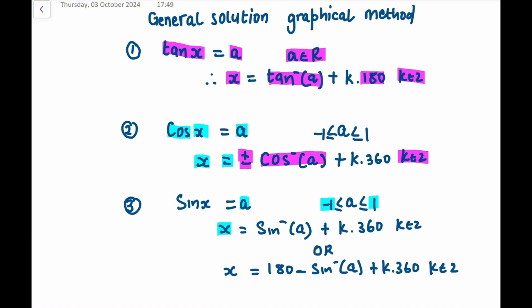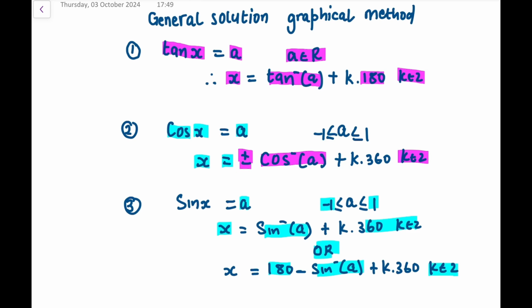The first solution is arcsine of a plus k multiplied by 360, where k is an element of integers. Or solution number two will be x is equal to 180 minus arcsine of a. So you just subtract the angle that you got above, 180 minus arcsine of a plus k multiplied by 360, where k is an element of integers.